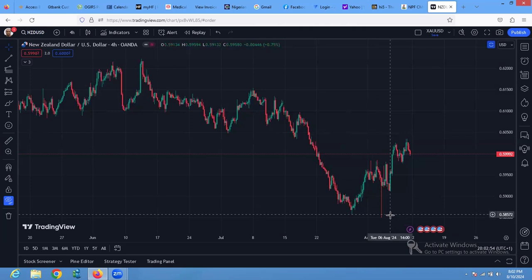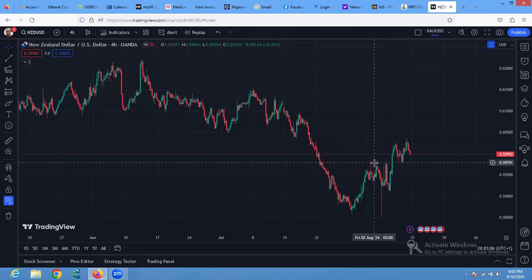So price came down to give a spike at 5.8, 506. So you didn't get the 480, so we are spared. So that's what they do when they want to take people out.